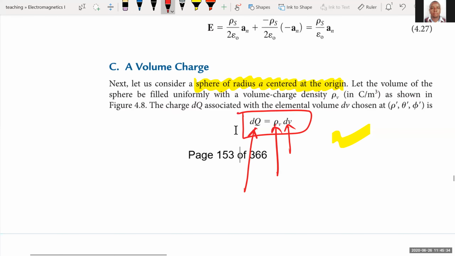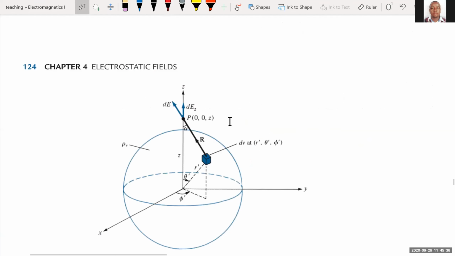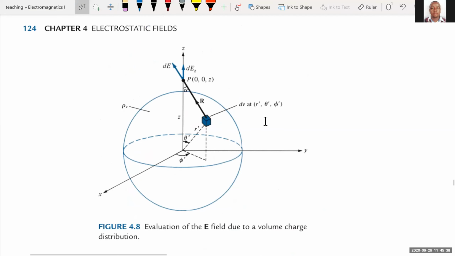Now, we are considering figure 4.8, which is right here. And we want to observe what is the electric field at a point along the z axis due to this volume.